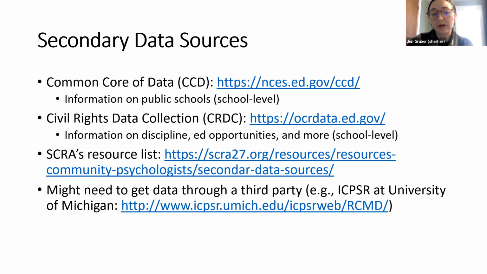The Civil Rights Data Collection is housed through the Office for Civil Rights, so a lot of their data is focused on breaking down student outcomes by demographic information. Most of their categories are like, what are the disciplinary outcomes for students with disabilities who are female of X race or ethnicity. They break it down that way because they're tracking with the hopes of looking at equity and civil rights issues.